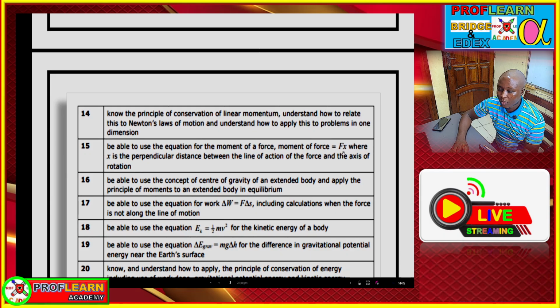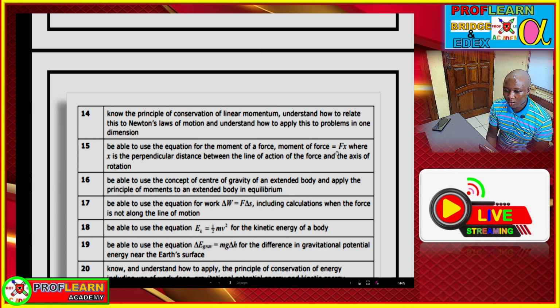Moment of force, you need to understand that moment is a product of force and perpendicular distance from the pivot. You also need to understand that an object is in equilibrium if the clockwise moment is equal to the anticlockwise moment, and also forces in any direction are balanced.